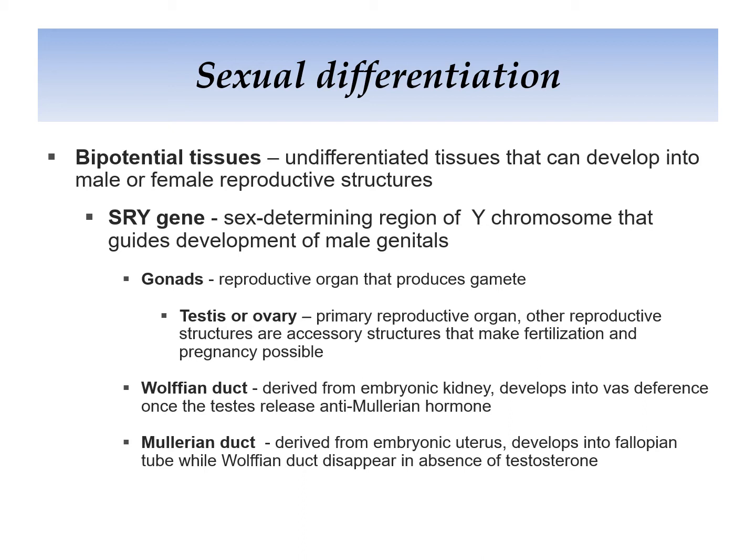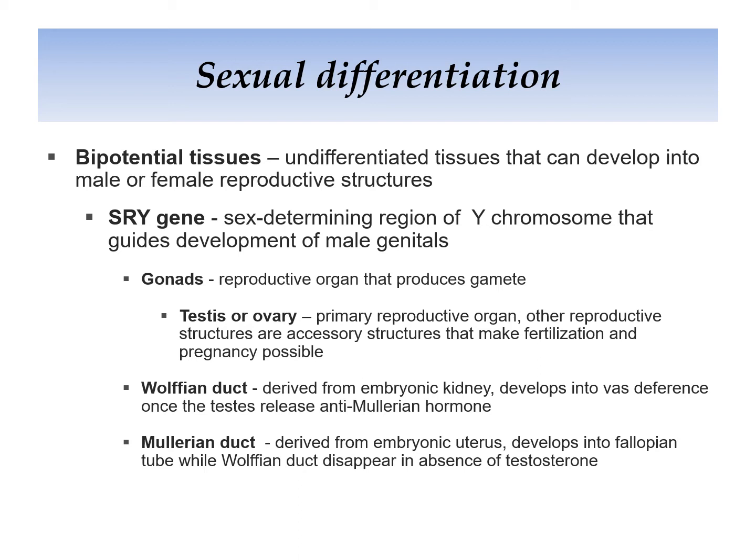So that's right, boys. Actually, all of us at some point were females until a specific gene was switched on. And this gene is the SRY gene. And this gene is located on the Y chromosome.